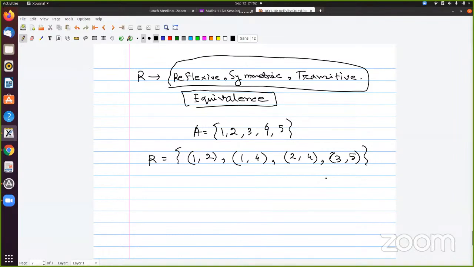But I wanted to mention something else. So this is A cross A, right? This relation is from A cross A. So this is my A, this is my A. You remember how I drew the pictorial representation of A cross B. I will do the same here. So this is 1, 2, 3, 4, 5.